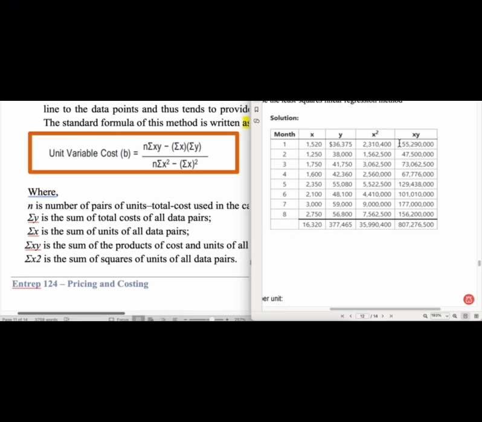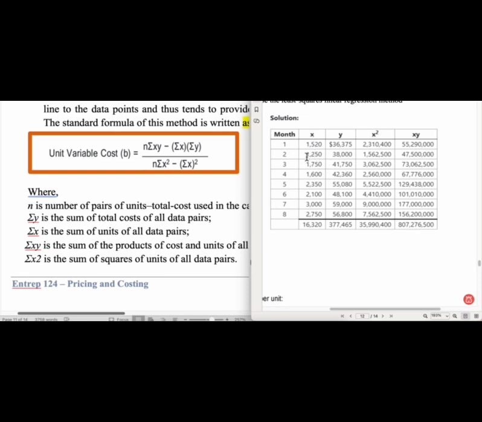So xy is just multiplying: your x of 1,520 multiplied by y, which is 36,375, gives 55,290,000. So that's xy.